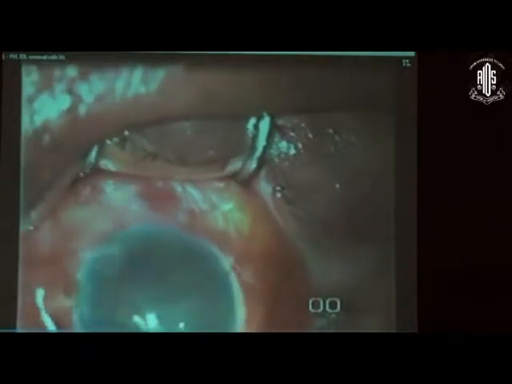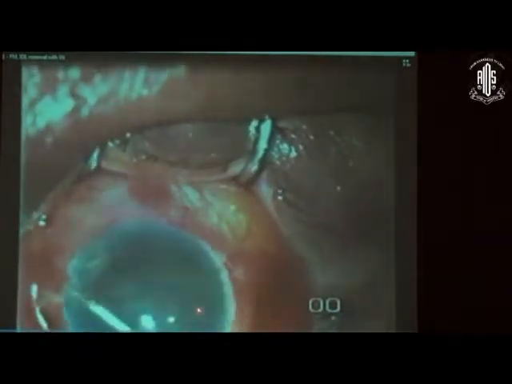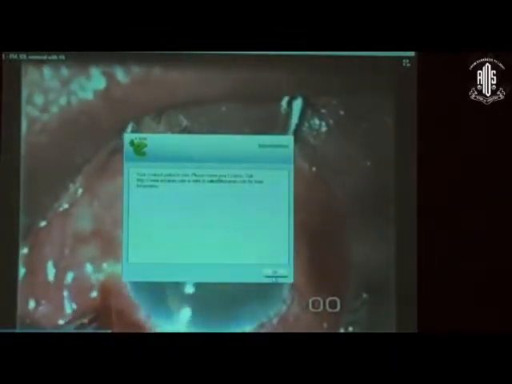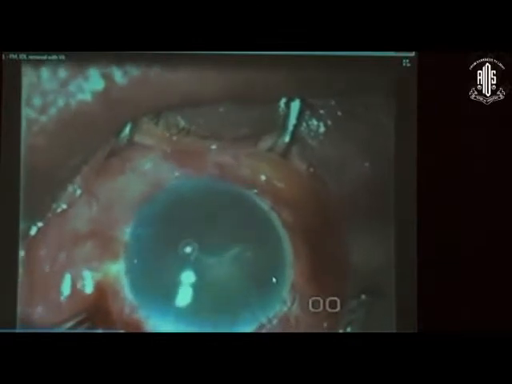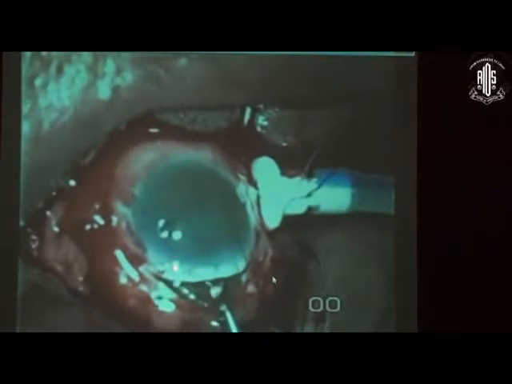So we take a 26 or 30 gauge bent needle like a cystitome and remove the membrane. Sometimes the membrane cannot be removed with the help of a needle, so we need to open the section and take out the membrane with the help of forceps. This is the way we remove it without causing traction on the surrounding areas, and then we can proceed with vitrectomy.